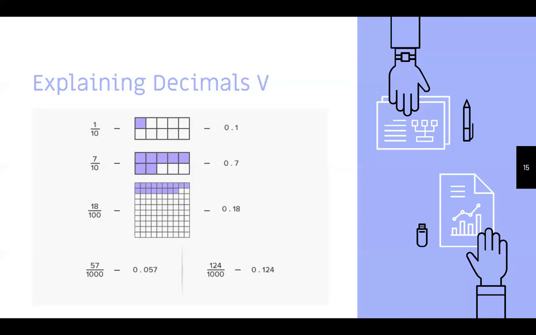And that's just a little trick, right? 1/10, there's 1 zero, and normally it'd be 1 point, that 1 dot, and we move the dot 1 to the left. 18 over 100, there are 2 zeros in the 100, so we move the decimal point over to the left 2, so that becomes 0.18. 124 over 1,000. 1,000 has 3 zeros, so we just want to move the decimal point over 3 spots, and that becomes very simple, right? You just do a little hump over 3 times, and you can see.